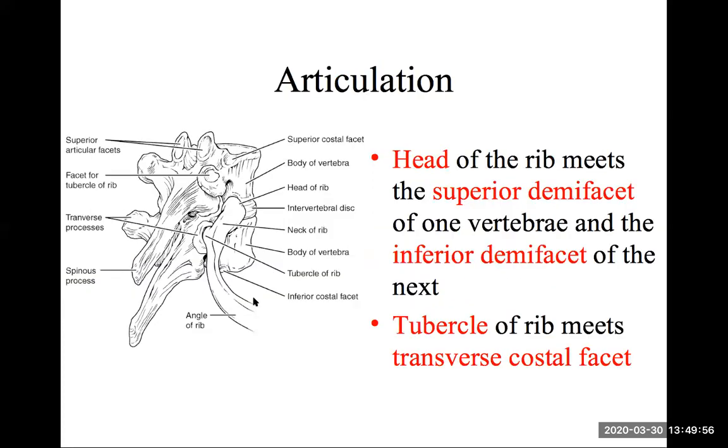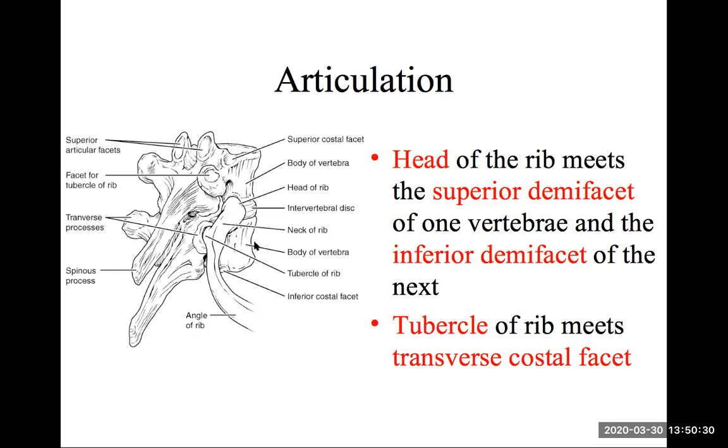So take a look at this drawing and see if you can figure this out. Here is the rib, the costa, coming in to articulate with this thoracic vertebra and this one below it. Here is where the head of the rib articulates with the inferior demifacet of this vertebra, and then below it with the superior demifacet of this vertebra.